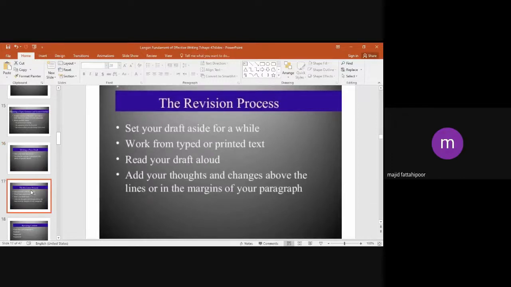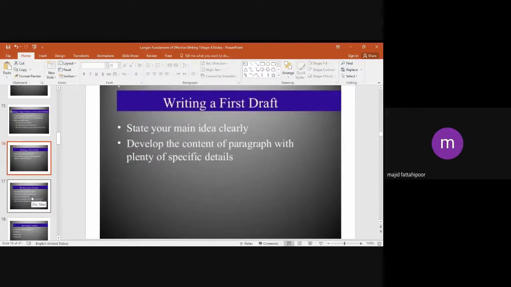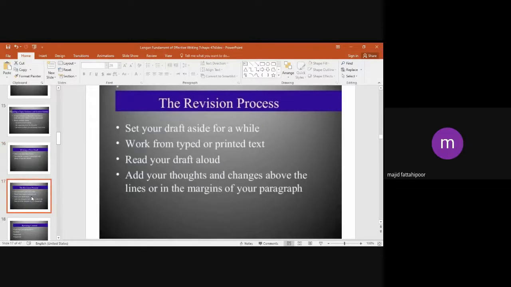And finally, when you have written the first draft, maybe there is a second draft or a third draft, whatever. All of them after the first draft fit into the revision process. It means that you set your draft aside for a while, so your mind processes automatically while you have put your draft aside. Or you work from typed or printed text and read your draft aloud, depending on your own taste.